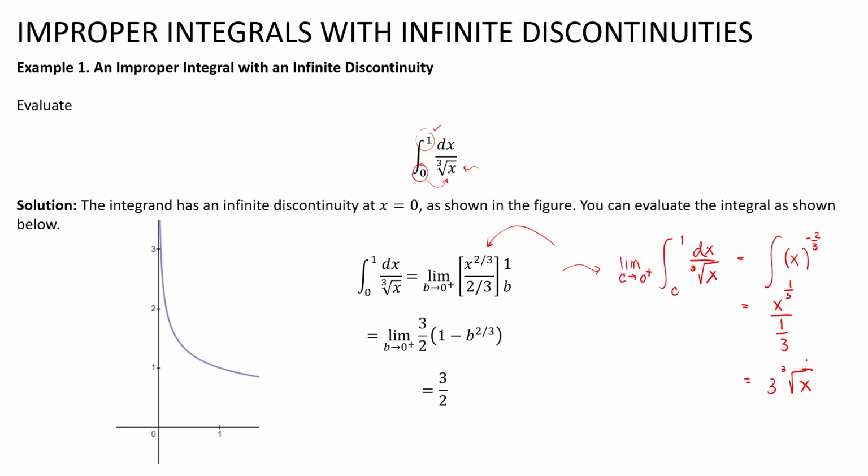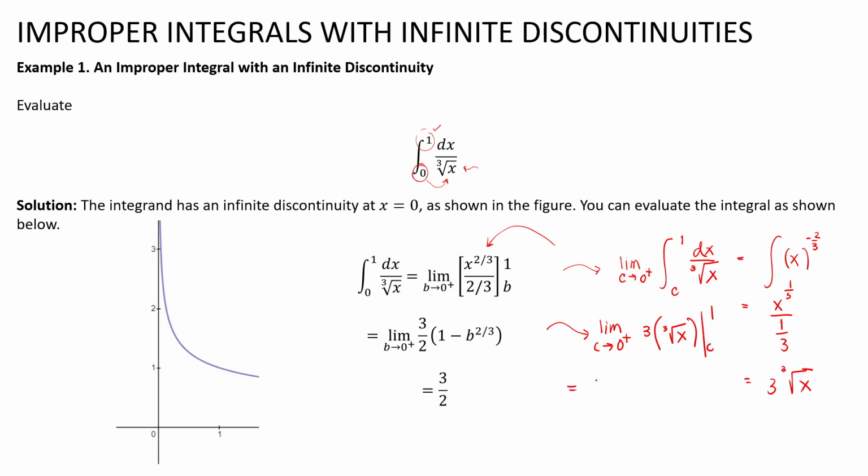So upon integration, I made a mistake, so let's try to correct this one. So this will give you the limit of c approaches 0 on the right hand side. Then you're going to have 3 multiplied by the cube root of x, from c to 1.